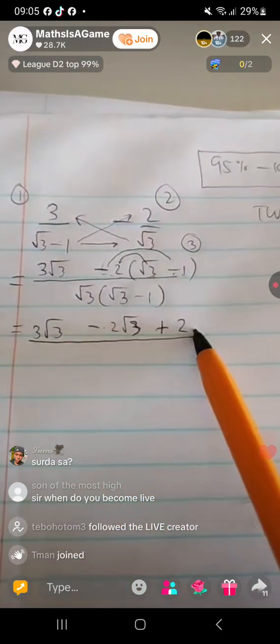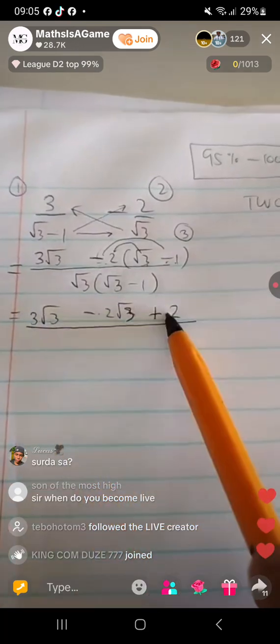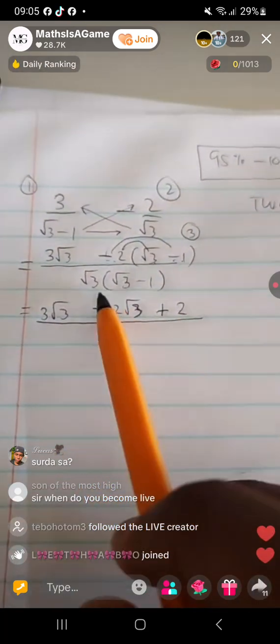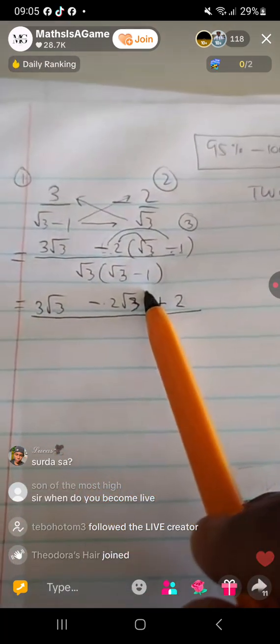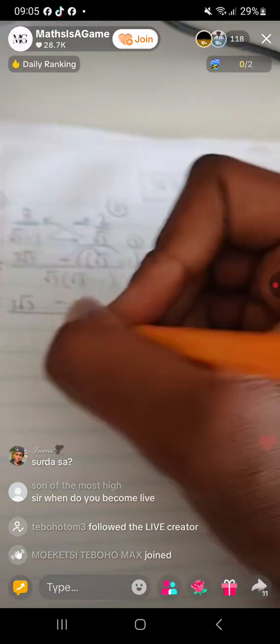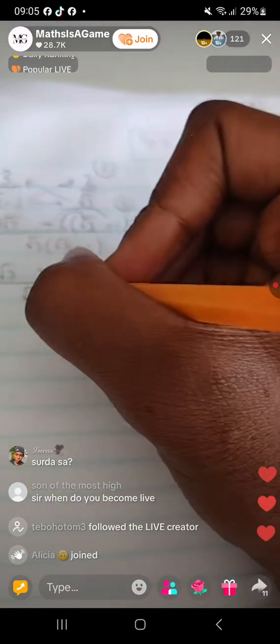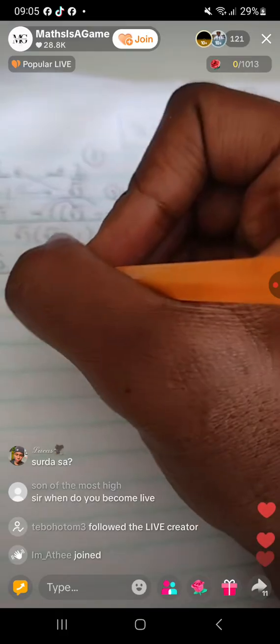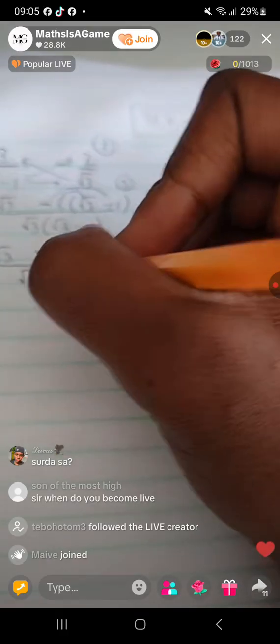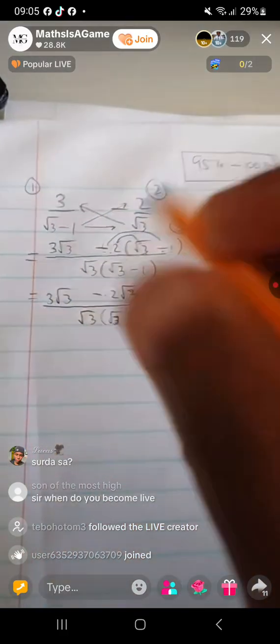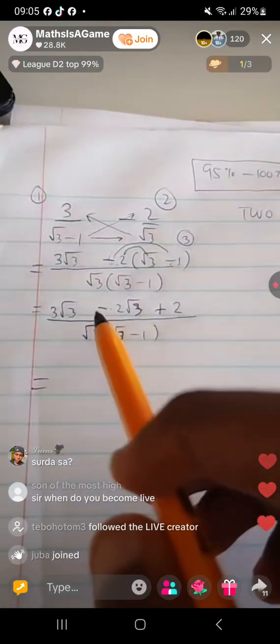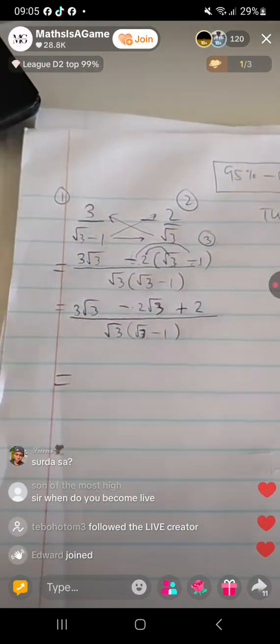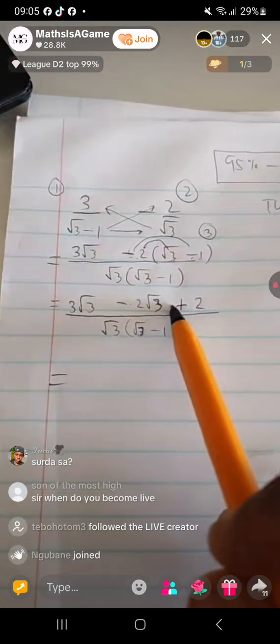So now we have those terms, and I'm sure you can see there are like terms. We'll take care of it here in the denominator, guys. For now, let's leave this root 3 into root 3 minus 1, and let's deal with what is in the numerator, because we might have to factorize. So let's go to the top, let's add the like terms.